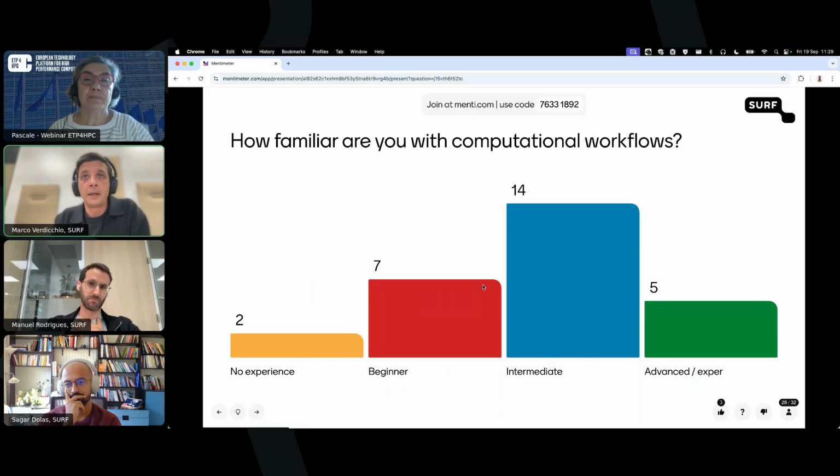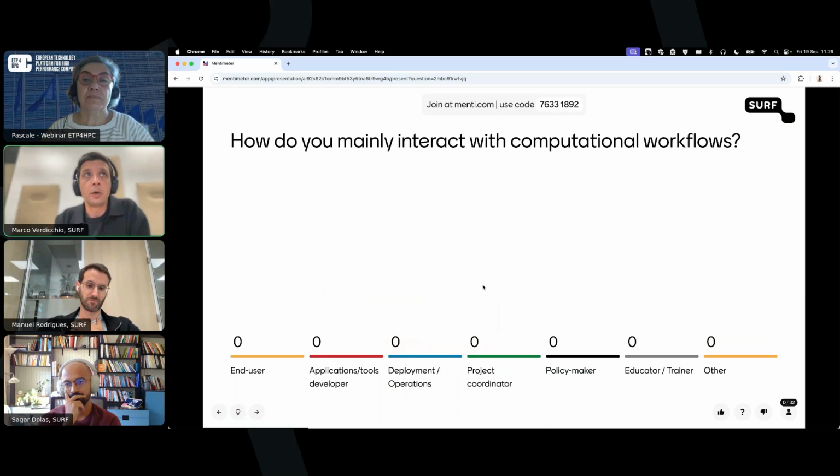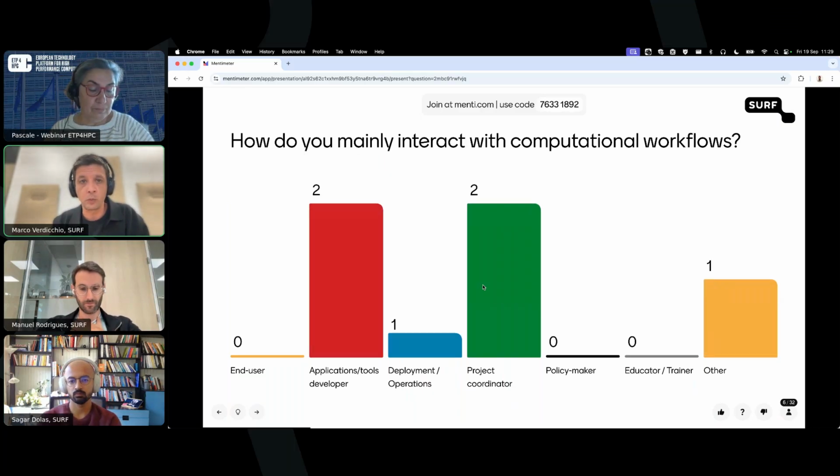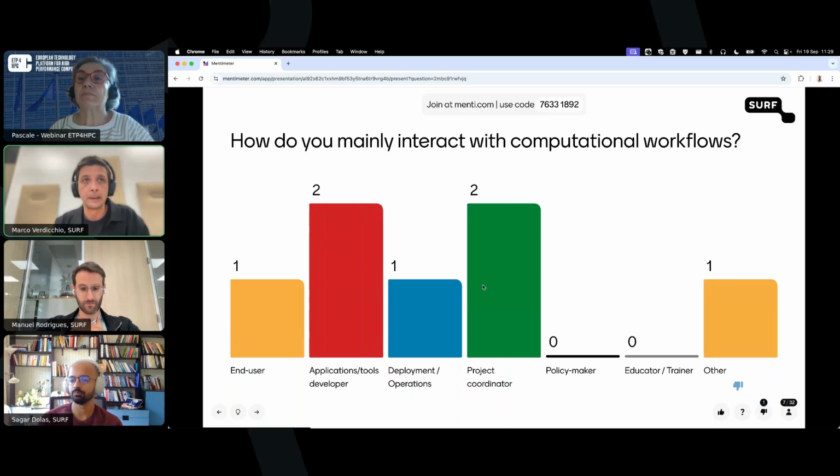Then I think we can go on. This part is about the way you interact with workflows. Are you an end user, a trainer or educator, or a project coordinator of a project that uses workflows but you don't actively use or develop any tools?